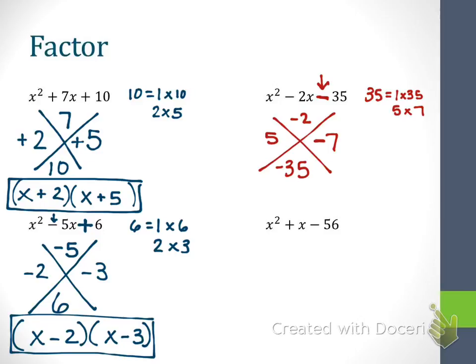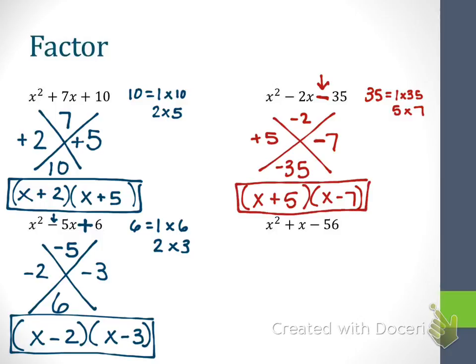So let's do a quick check. 5 times negative 7, negative 35. 5 minus 7, negative 2. So I know I chose the right factors. So 5 is positive, 7 is negative, so I'm going to have x plus 5, x minus 7. And again, you can FOIL to check to make sure you have the right combination.